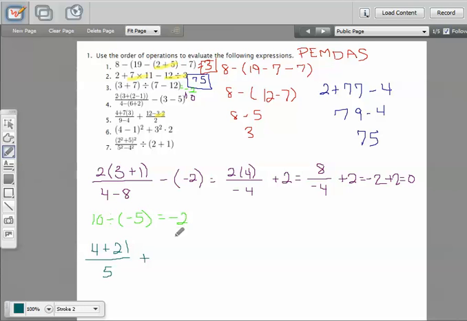So we're going to have 12 minus 6 there. This will equal, let's see, 4 plus 21 is 25. 12 minus 6 is 6. And now my division is 5 plus 3, which equals 8. So we do get 8 for number 5.